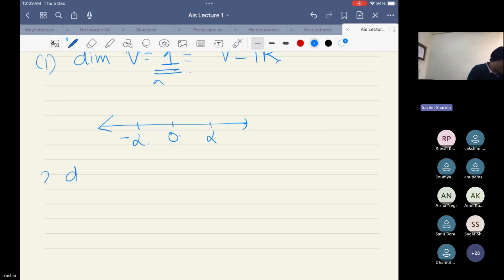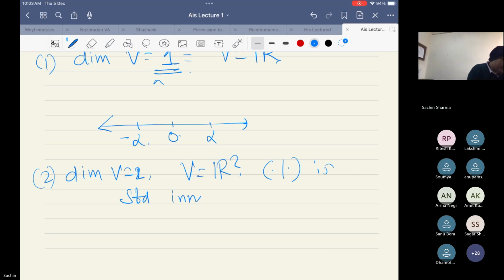Suppose the dimension of V is 2, that is, V is R2, and the inner product is the standard inner product on R2. Okay. So what do you expect? What is the basic thing? Anybody?